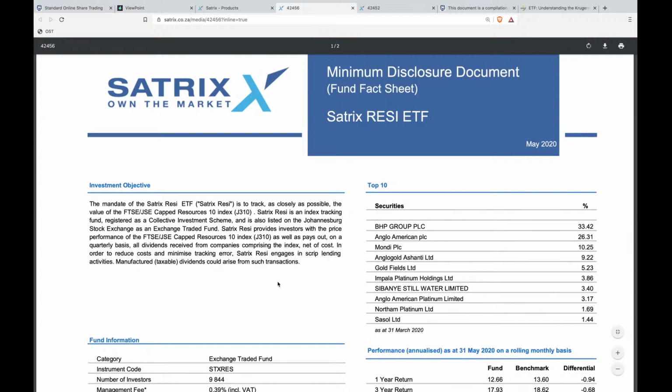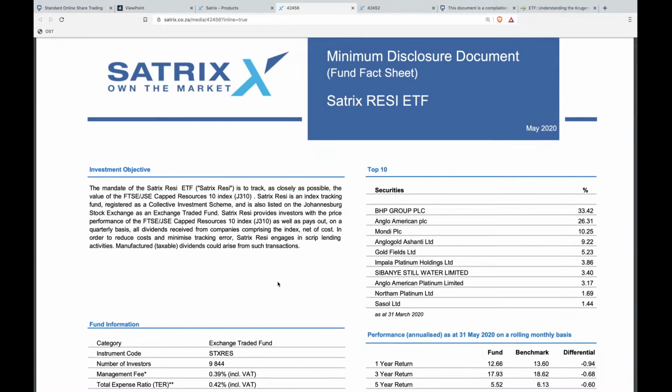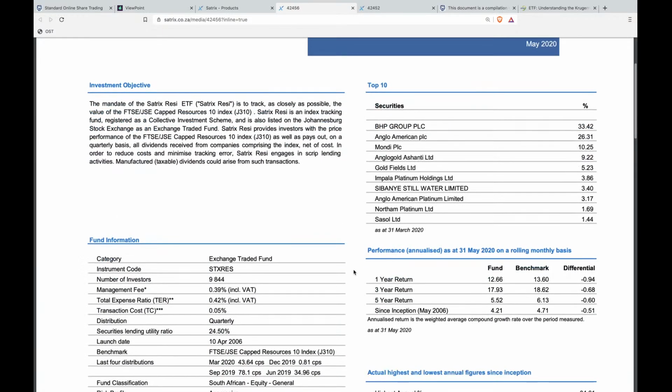Your other option is the Resi 10. Now, this used to be a Resi 20, and then there just weren't enough stocks, so it took it down to a Resi 10. And this is now a capped index, because otherwise BHP just becomes too significant. Again, you've now got AngloGold Ashanti at 9 and a bit, Goldfields at 5, and down there is Sibanye with bits of platinum, bits of gold. Those are the 10 stocks. There are no other shares.